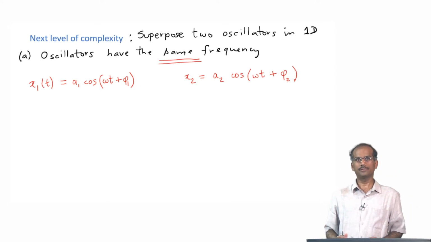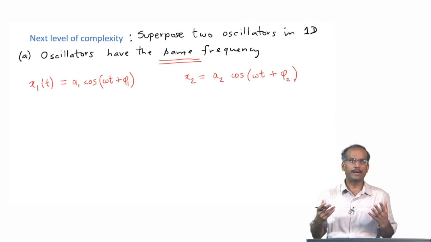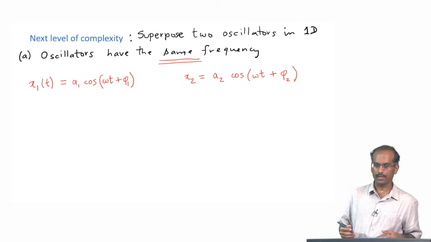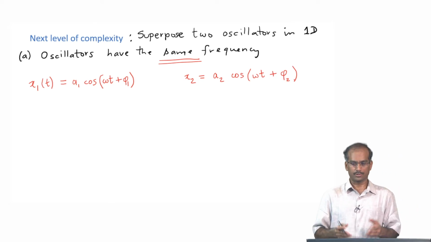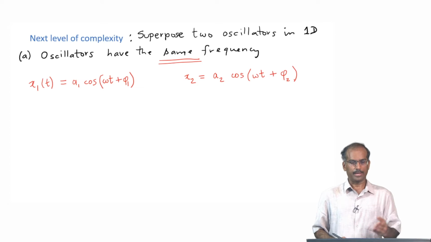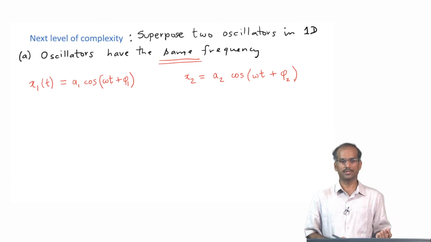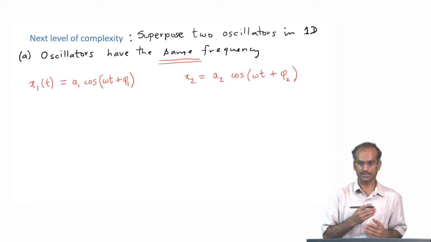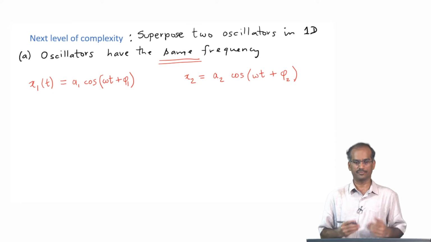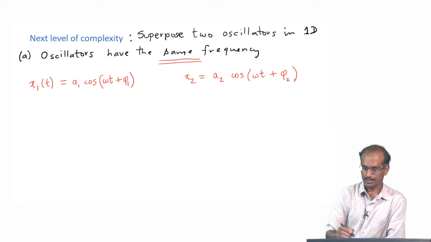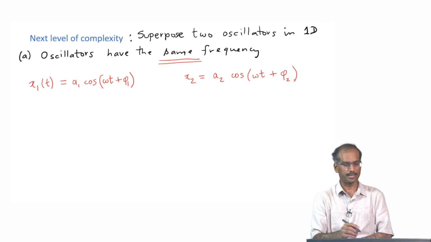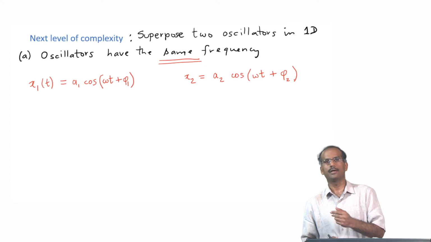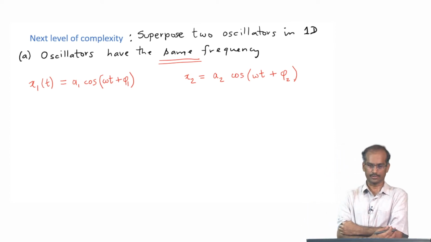So, I have two oscillators, and without going through the grind that we went through in the first module and the second module, I will directly write down the solutions. So, that is there right in front of you. x1 represents the displacement of the first oscillator, A1 is the amplitude of the first oscillator, and phi 1 is the phase of the first oscillator, and x2 is the displacement of the second oscillator, A2 is the amplitude of the second oscillator, and phi 2 is the phase of the second oscillator.